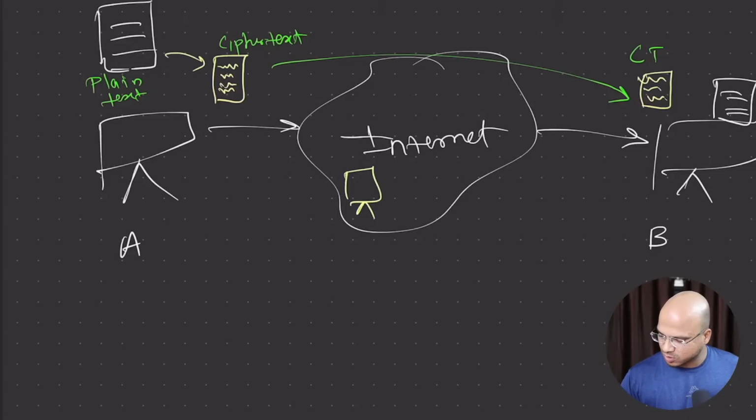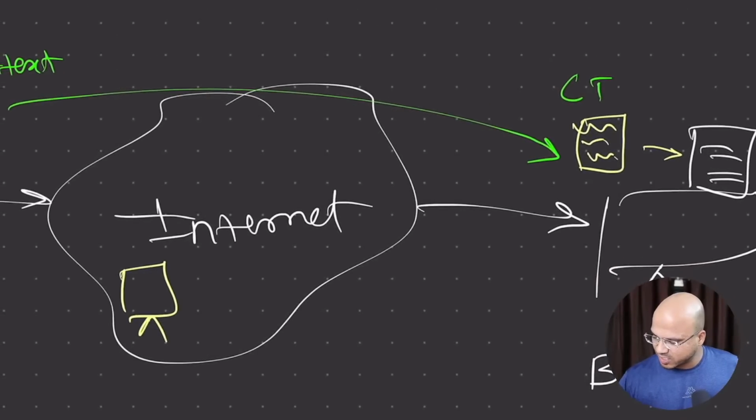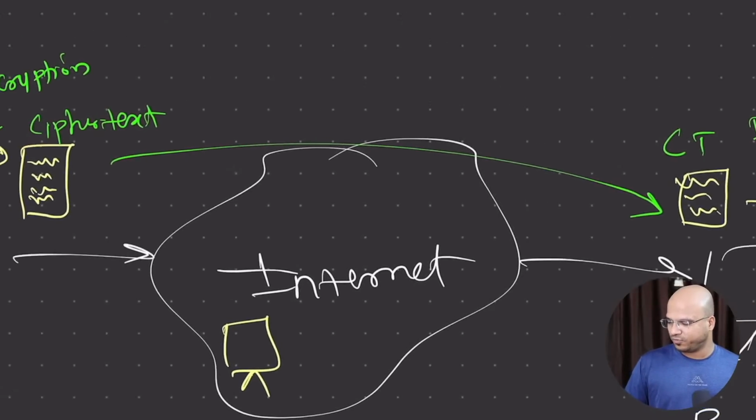This process of converting is called encryption. And on the client side, we call this decryption. Now, we can use keys here.